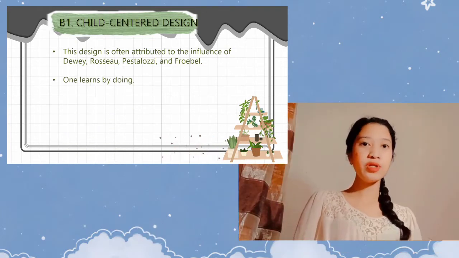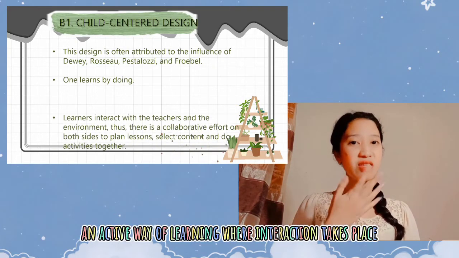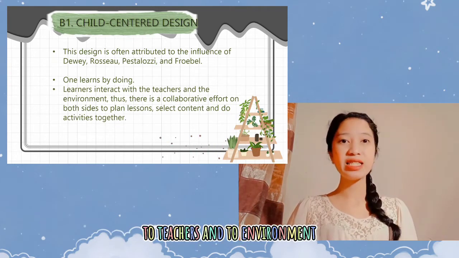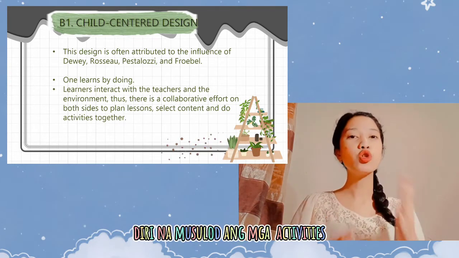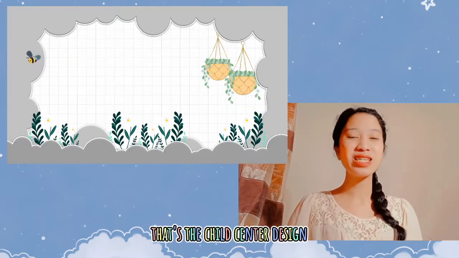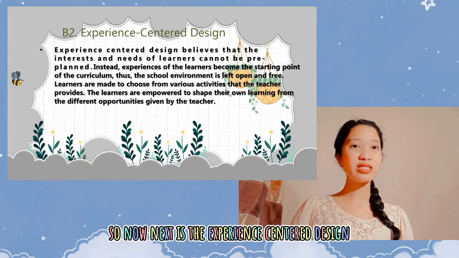From its root, this design centered the needs of the child. Kumbaga, an active way of learning where interaction takes place to teachers and to environment. Dili na mosulod ang mga activities which they can learn through it.